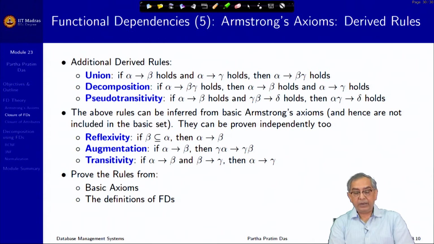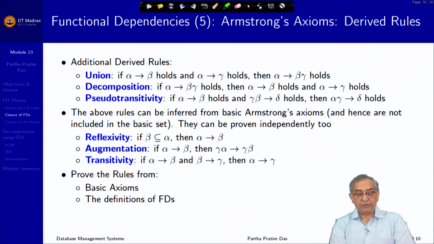How do you prove this? One way is you can prove it from the simple first principle, the definition of functional dependencies. So, you say that if they match on alpha, they match on beta, they match on alpha, they match on gamma, naturally. So, if they match on alpha, they match on beta and gamma. So, that is one way.